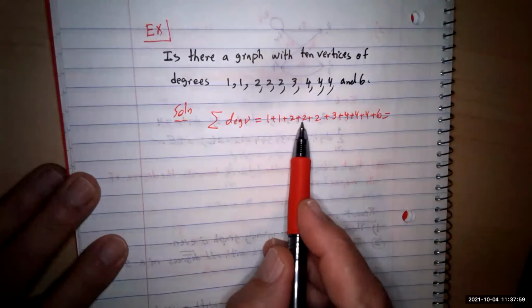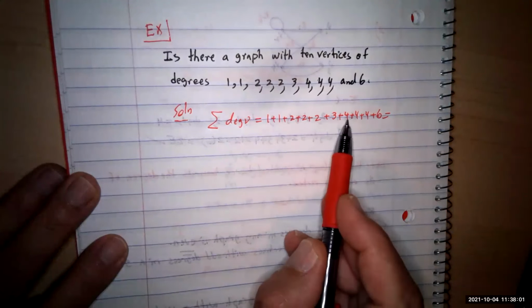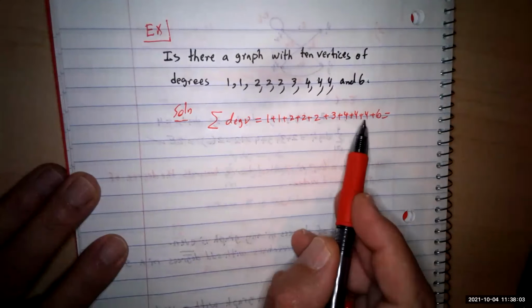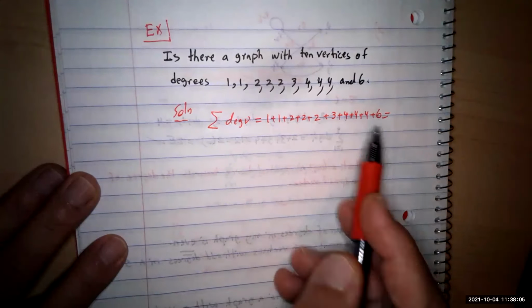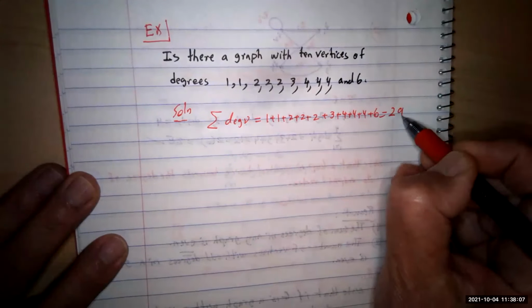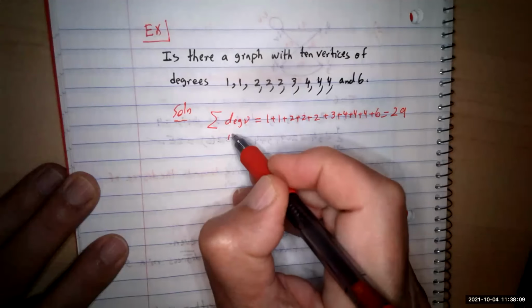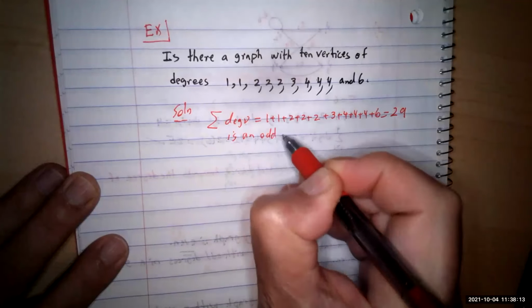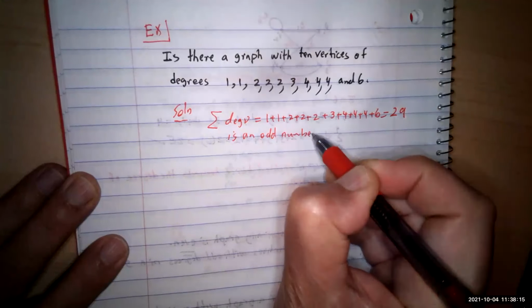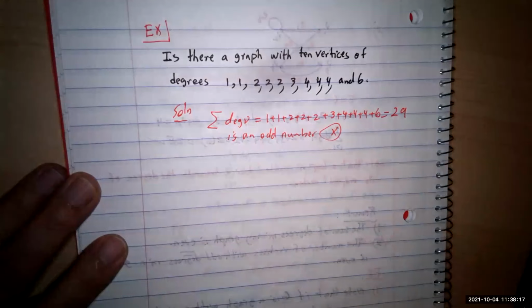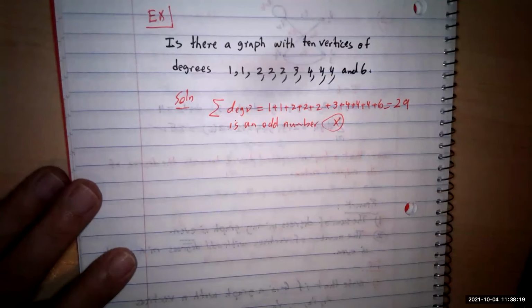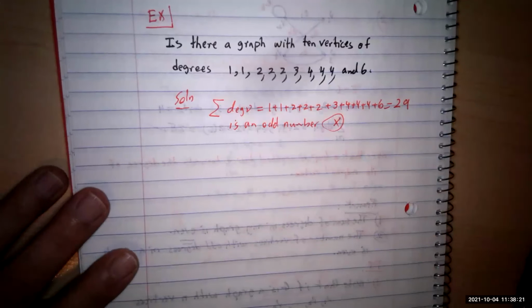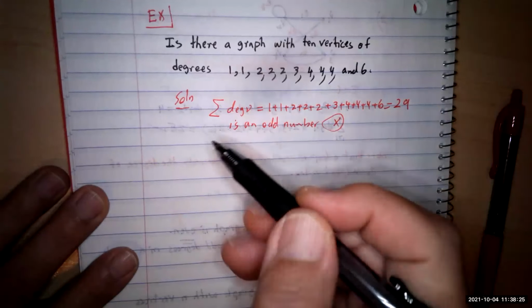That's going to be 2, 4, 6, 8, 11, 15, 19, 23, 29. 29 is an odd number. That's contrary to the handshaking theorem that we're going to have. And then you're done. So the answer is going to be no.